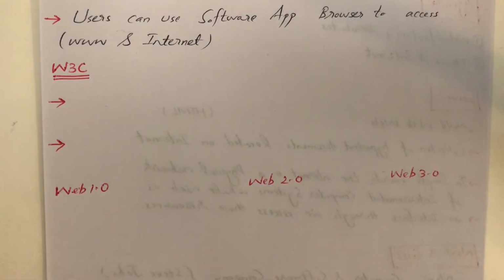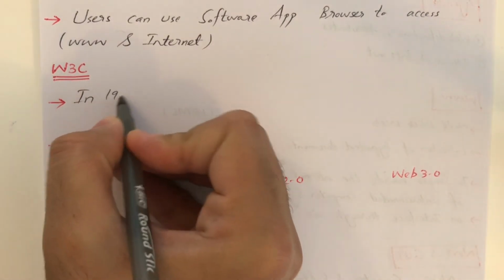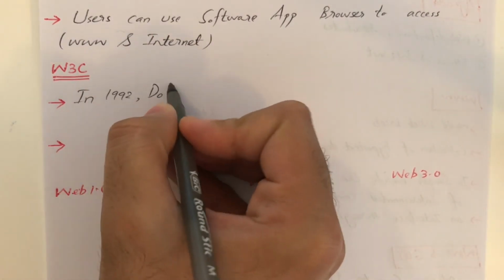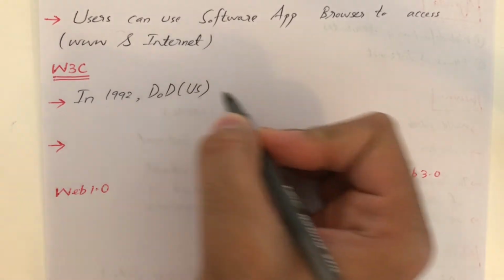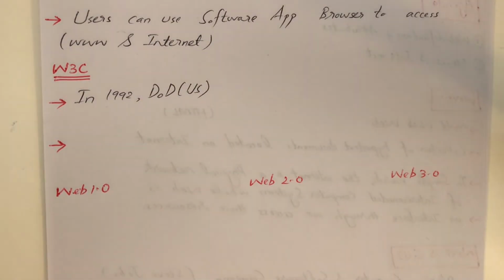Then in 1992, the United States Department of Defense hired Tim Berners, and they asked him to bring consistency in the web. Like it should be up to date, up to mark, should have the modern standards and everything.